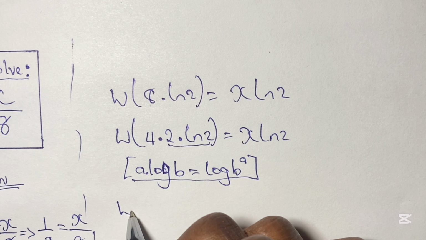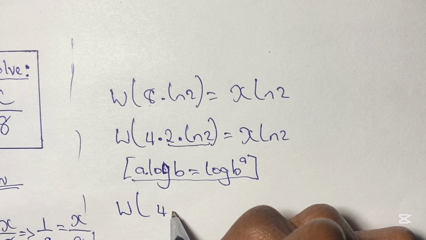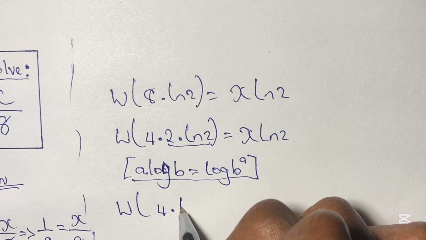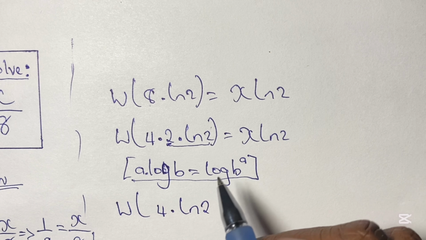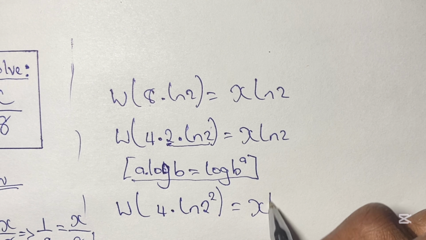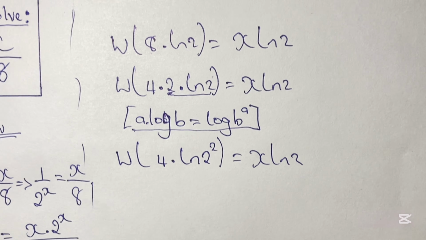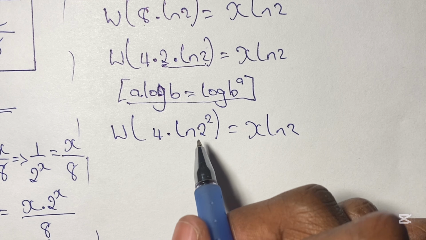So we'd have W of 4 times ln 2, which is going to be raised to the power of 2. So this 2 is going to be the power of this ln 2 here. And then we have this equal to x ln 2. And then from here we continue to solve for x by simplifying what we have on the left hand side of this equation.